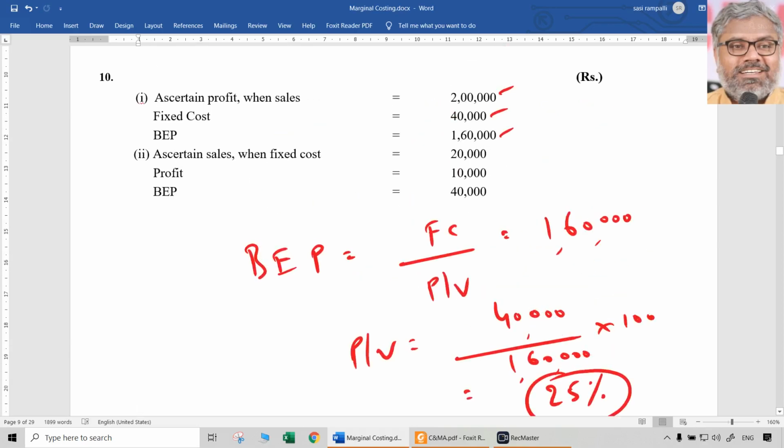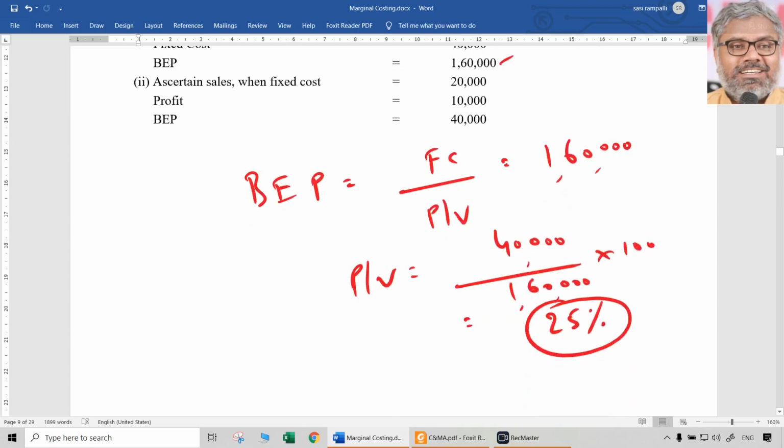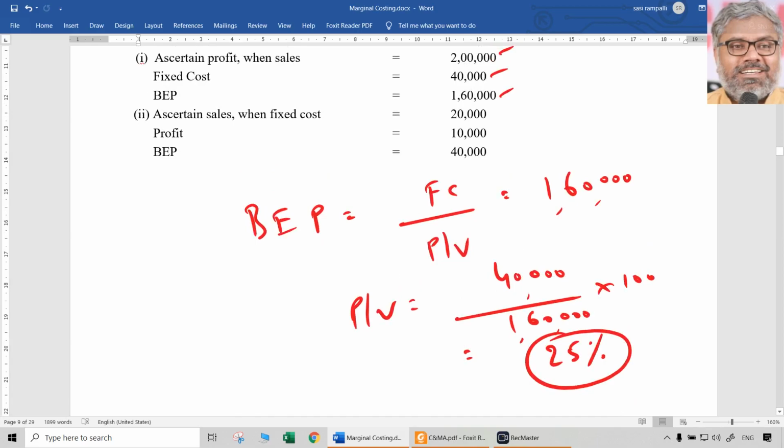First of all, we should find that out from the data that is given. When break-even point is 1 lakh 60,000, fixed cost is 40,000. Naturally, the PV ratio is going to be 25%, 1/4, because break-even point multiplied by PV ratio is fixed cost. In whatever way it is, PV ratio has to be calculated at 25%.